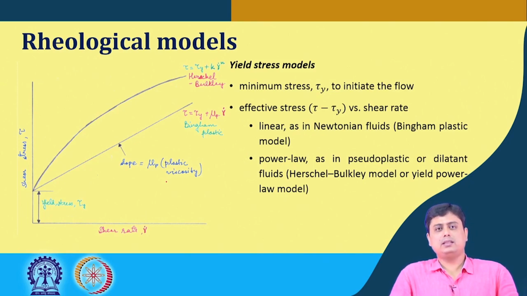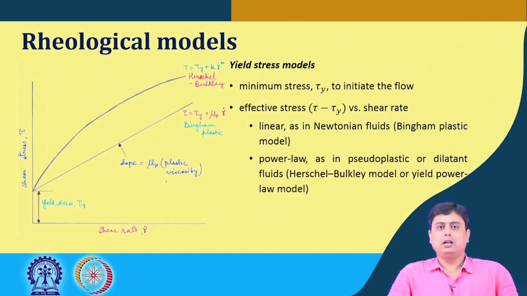In these cases, the effective stress versus shear rate can have different profiles. Effective shear stress is basically the applied shear stress minus the yield stress. This is the effective stress, and the strain rate or shear rate is what is being applied.